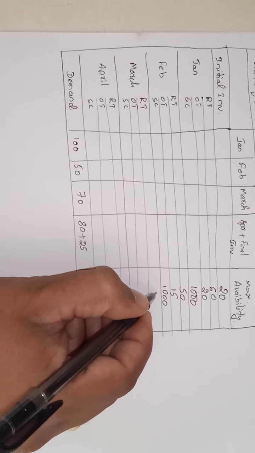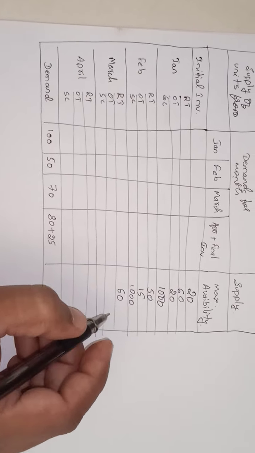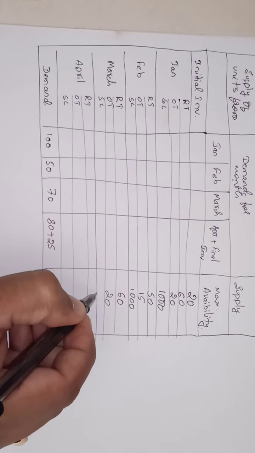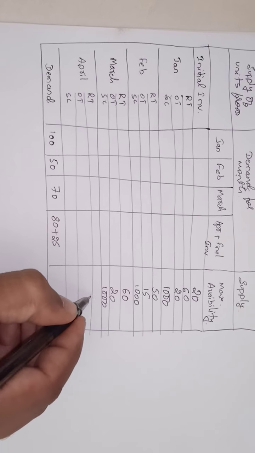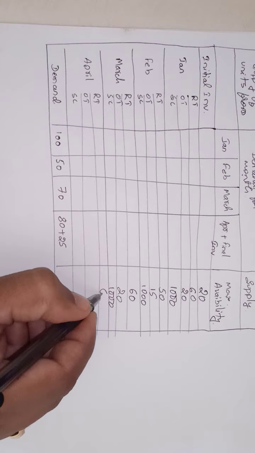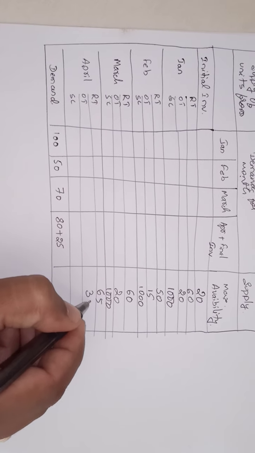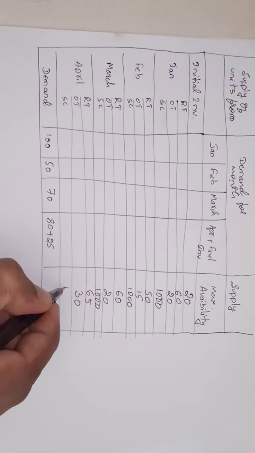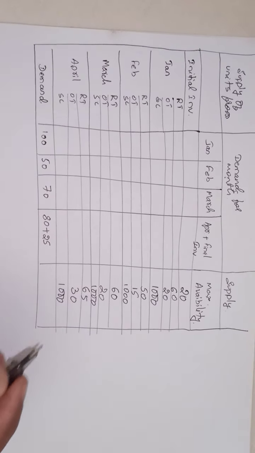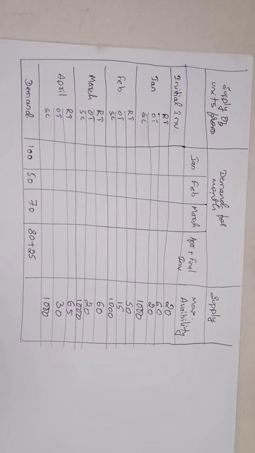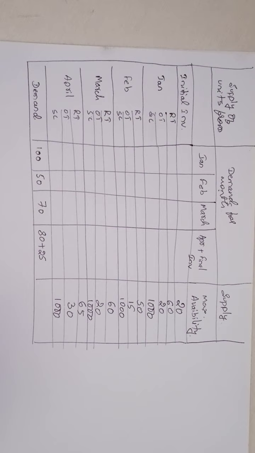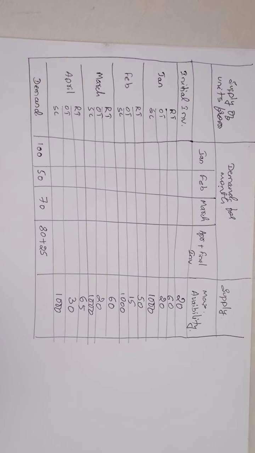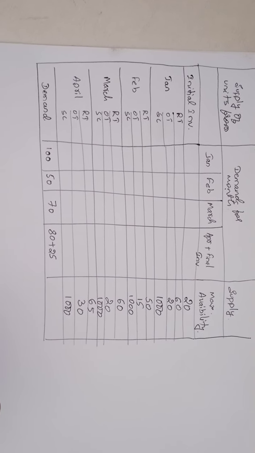In March 60, 20,000. In April 65, 30, right, and 1000. So like this they have given the supply capacity as well as the demand, which are given in the problem statement.